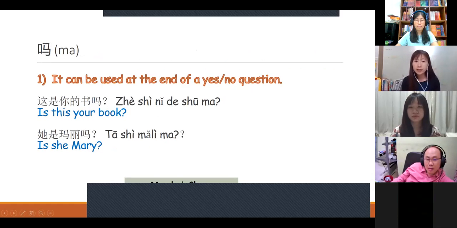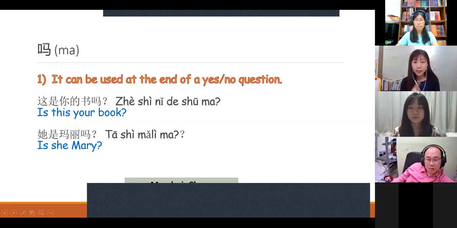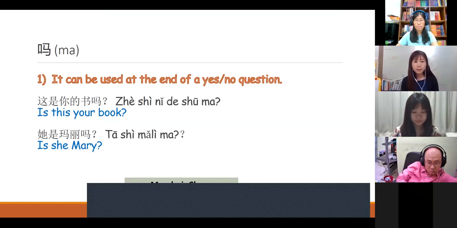But the different thing is, 这是你的书吗? If we use Bahasa, they will have the question word kah at the back. For example, Ini ialah buku awak ke? 这是你的书吗? In English, it means, is this your book? But if we use ba, 这是你的书吧? In Bahasa, it will be, Ini ialah buku awak kan?